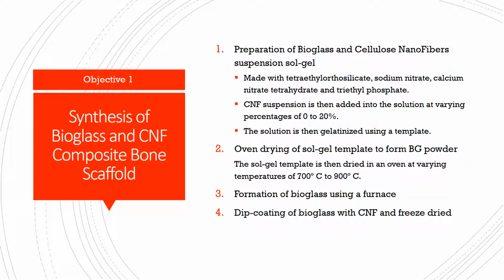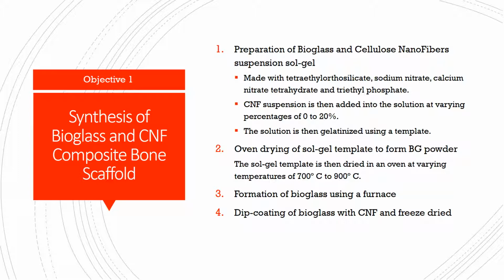It is made up of tetraethyl orthosilicate, sodium nitrate, calcium nitrate tetrahydrate, and triethyl phosphate. Cellulose nanofiber suspension is then added into the solution at varying percentages of 0 to 20%. The solution is then gelatinized using a template.